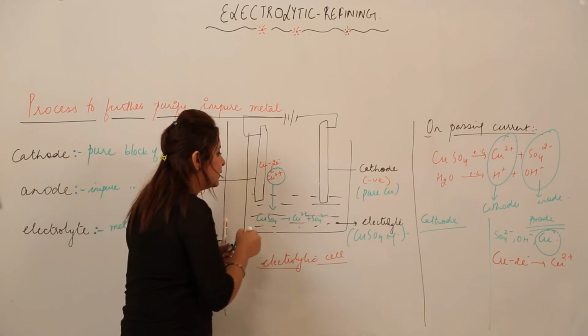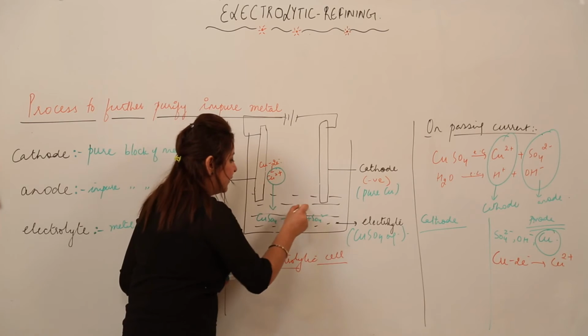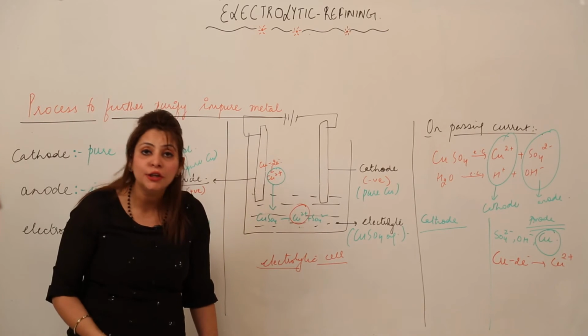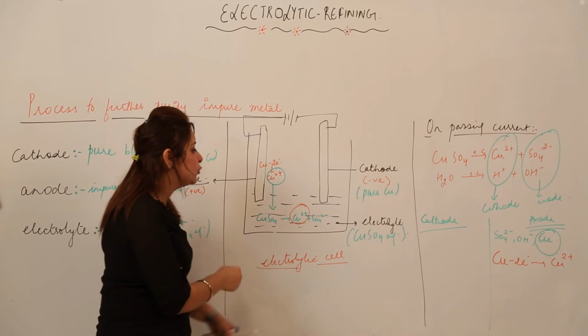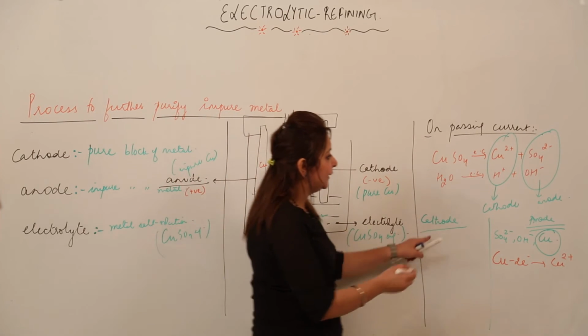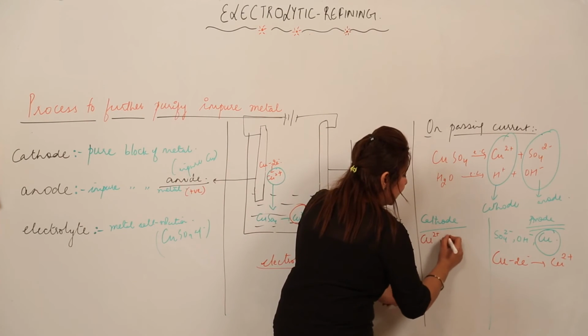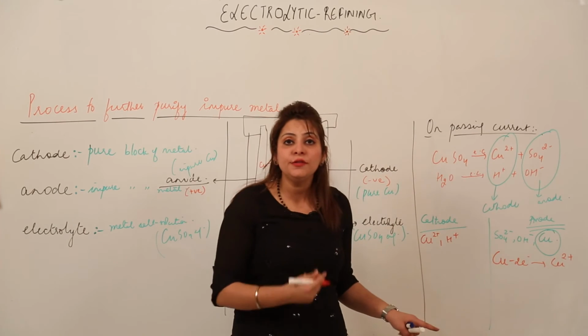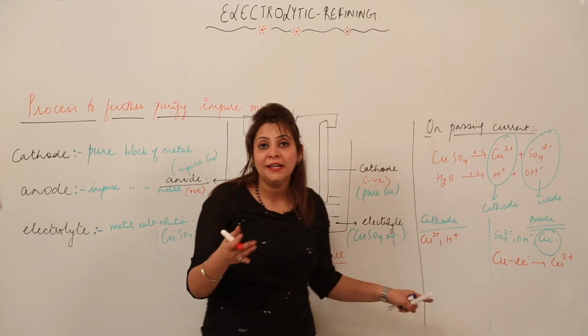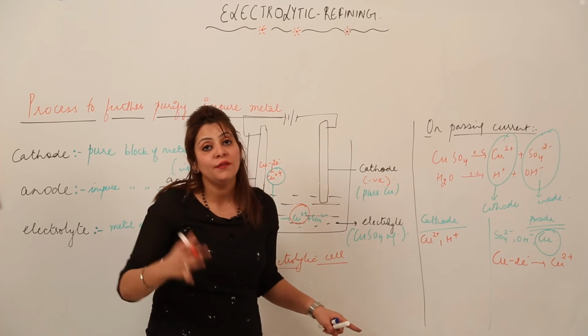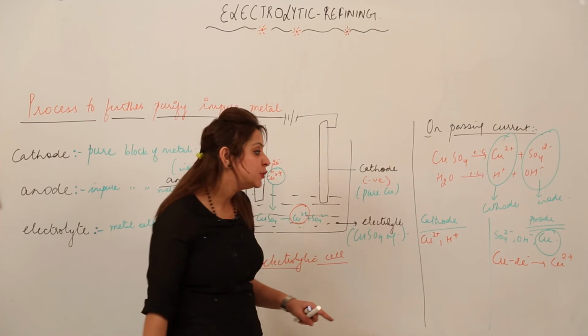So the concentration of these Cu2+ ions is going to increase in the solution. And then these Cu2+ ions go to the cathode, where Cu2+ and hydrogen ions go, and out of them the Cu2+ ion has a lower discharge potential. So obviously it is going to discharge and show a chemical change.